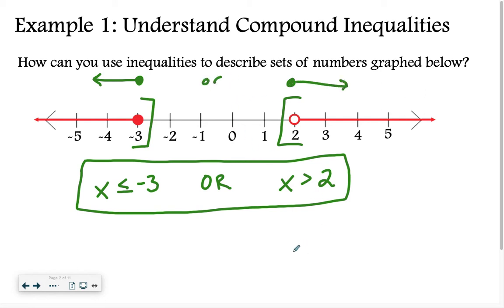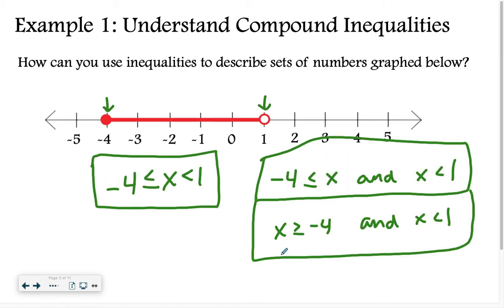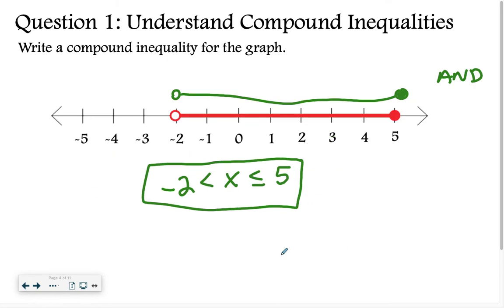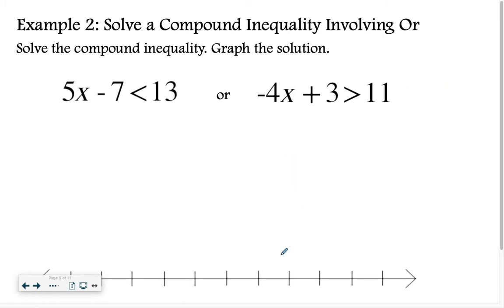One way I remember that is to imagine a rowboat with an oar on each side. The oars have to stick out of the boat for it to move, so or points out. And is when you have two endpoints and it's filled in between. Hopefully those things will help you keep track of and versus or.